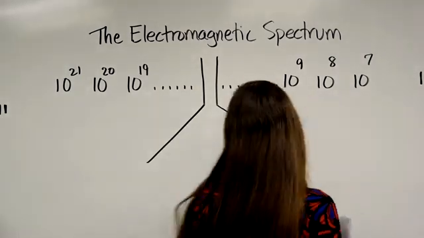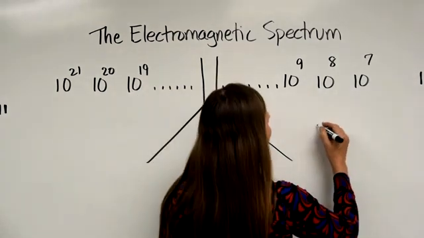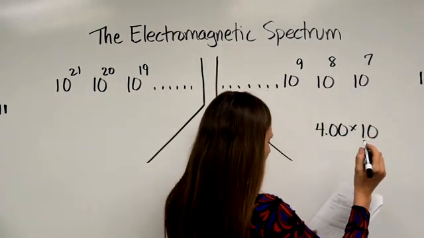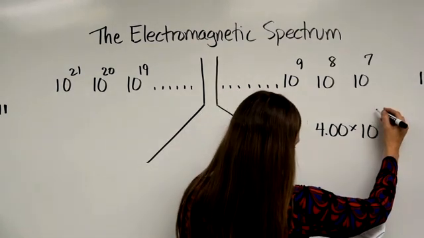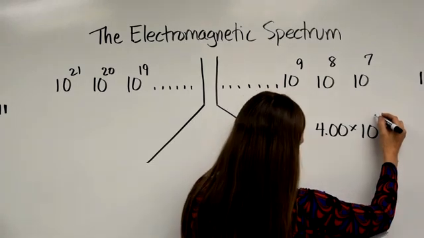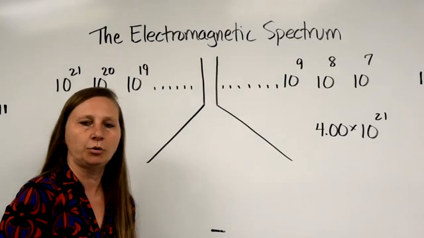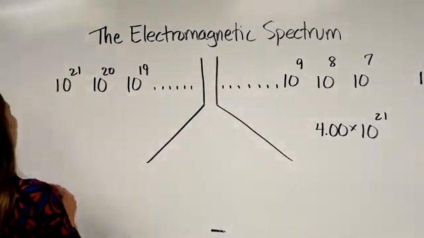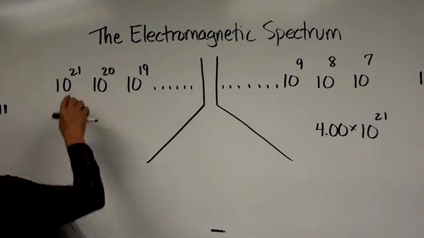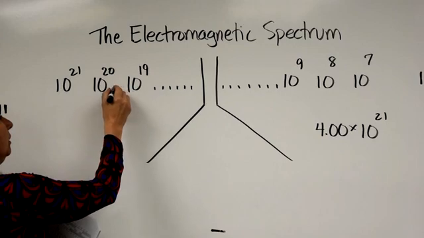All right, so now here would be an example. If you know that the frequency of a particular type of light is 4 times 10 to the 19th, that could be two different possibilities. Let's say 4 times 10 to the 21st. That would be somewhere over here. Times 10 to the 19th would be all the way through here.